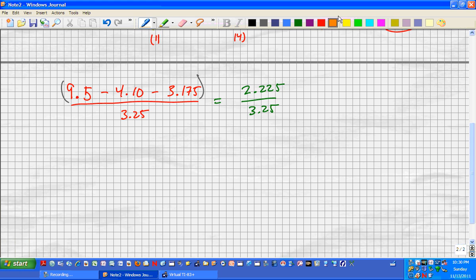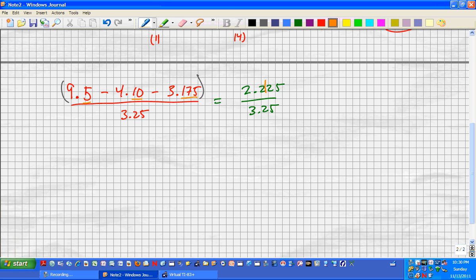And I need to keep track of my sig figs, but I'm going to keep everything in the calculation. I did subtraction to get to this 2.225, so I'm going to count decimal places. I've got one decimal place here, two decimal places here, three decimal places here. My least number of decimal places is 1.